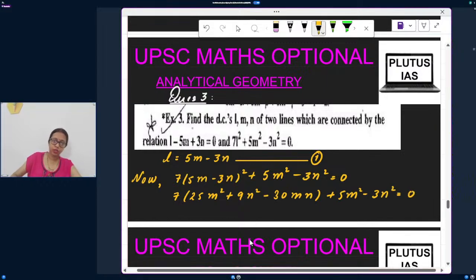So it turns out to be, 5 is common here, 5 plus 1 is 6, 6 multiplied by 35.